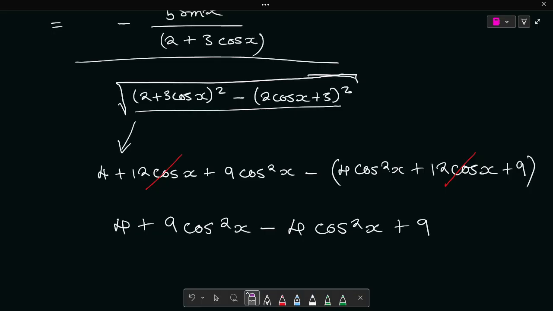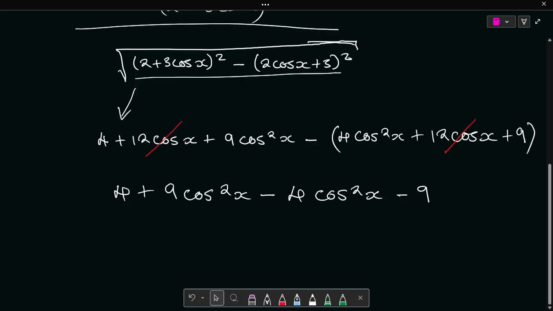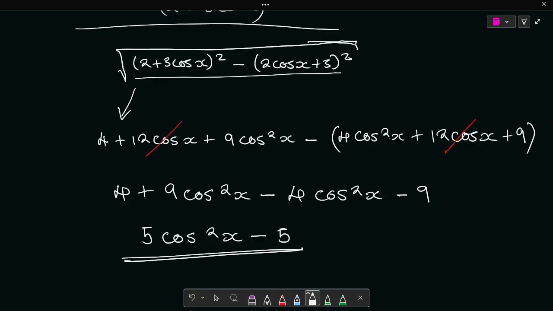Oh, it's going to be a minus once you distribute the negative. And this is going to give us 5 cos squared x minus 5. This is what is going to be inside the square root there.